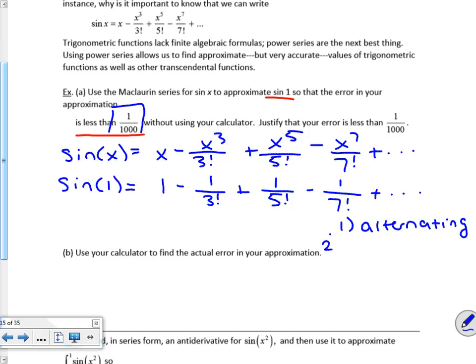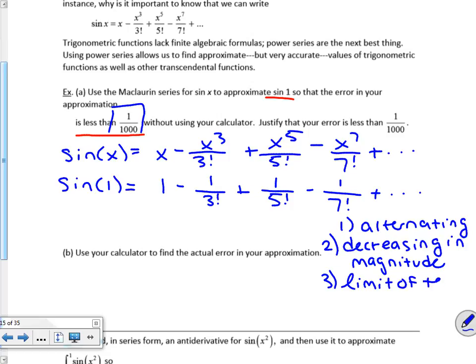The second thing that we must verify is that the series is decreasing in magnitude. Each term is getting smaller. The third thing that we must verify is that the limit of the terms goes to 0.